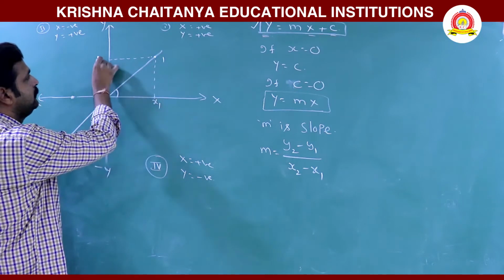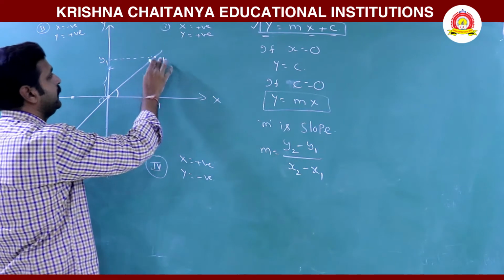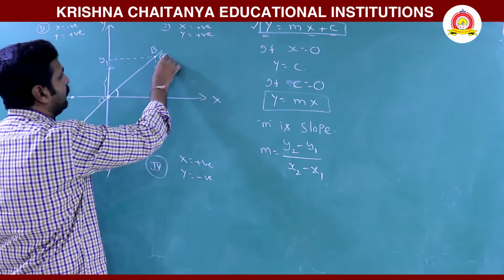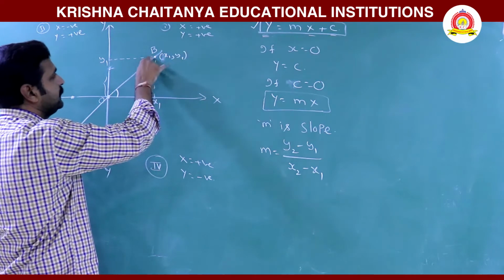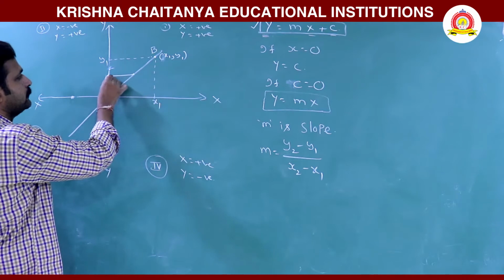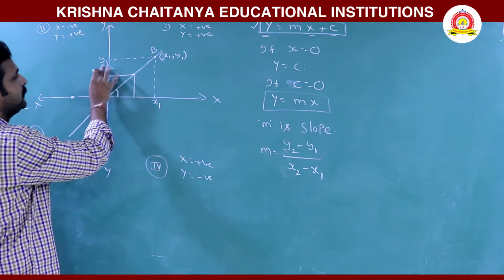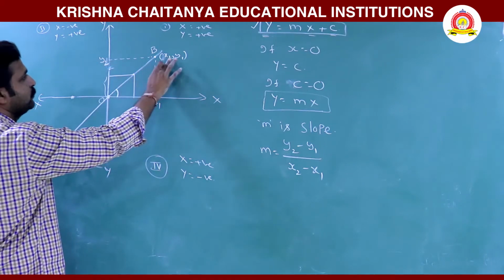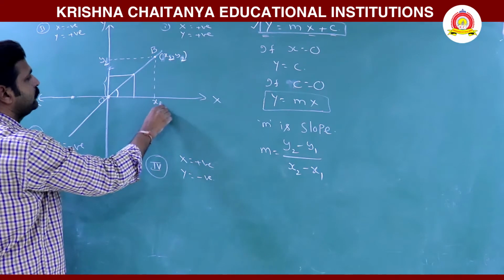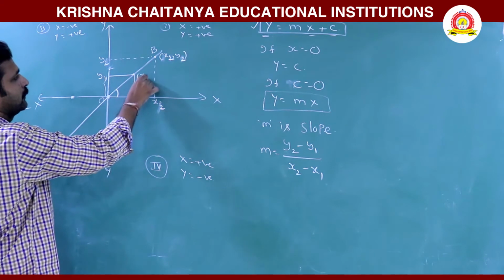This is x1, this is y1, the x coordinate and y coordinate. At this point B, the coordinates are x1, y1, and here we can say x2, y2, the second values, and this one is x1, y1.